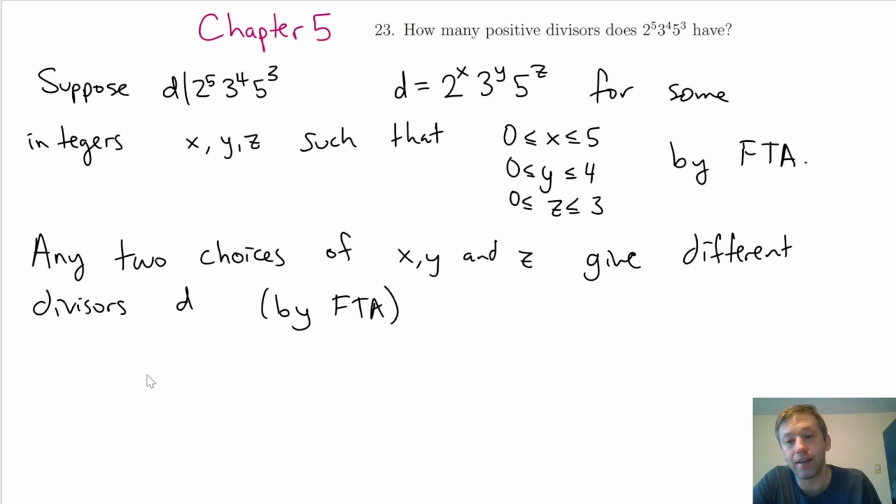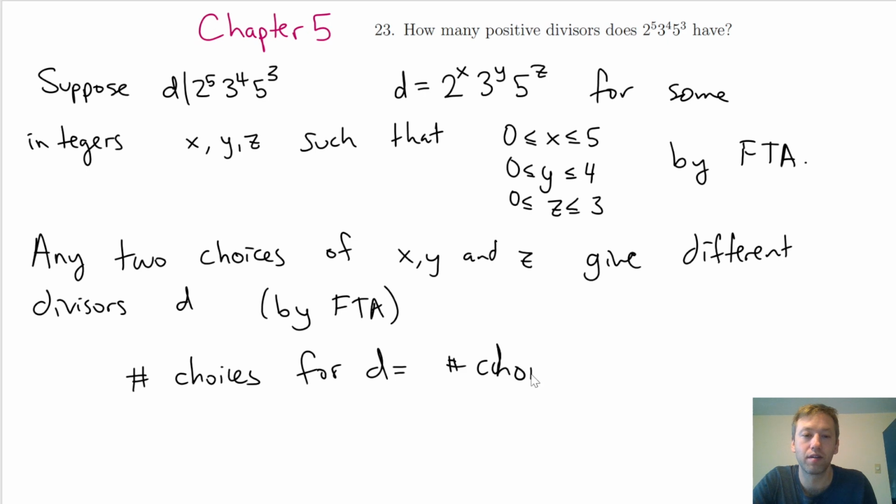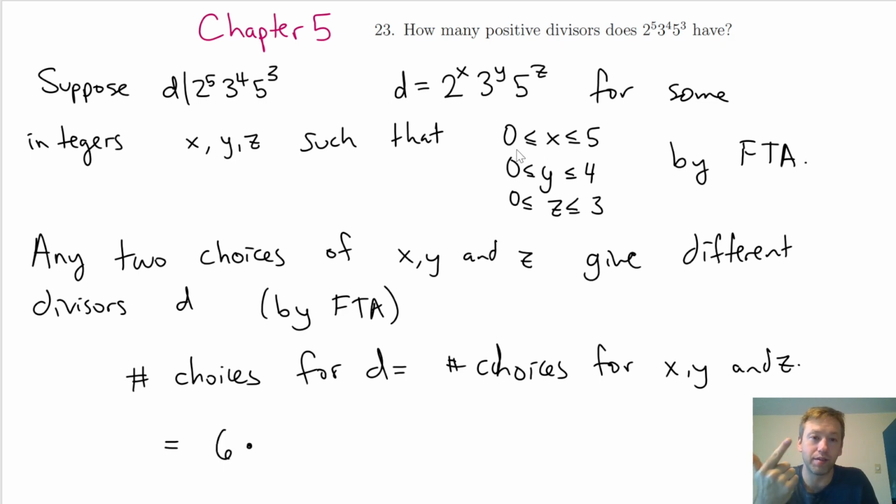Anyway, at the end of the day, the number of choices for D is equal to the number of choices for x, y, and z, which is: there's 6 ways to choose x, 0, 1, 2, 3, 4, and 5.